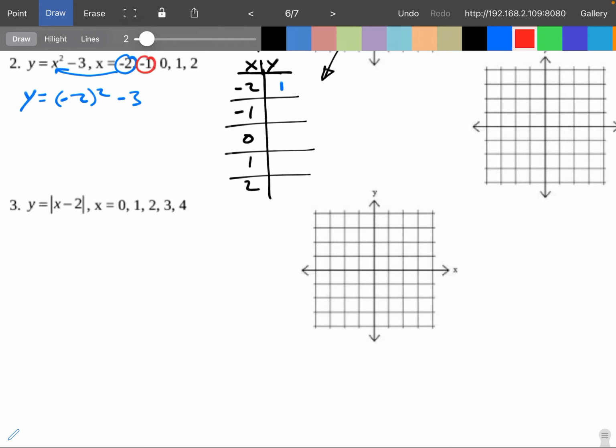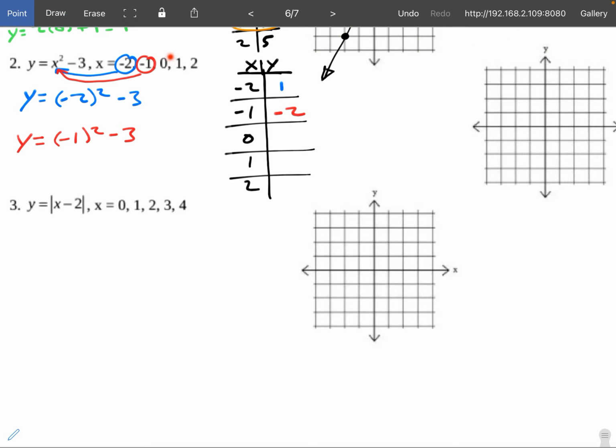That's 1. All right, let's do at least one more like this. So then we're going to put -1 in for x. That's going to look like y equals -1 squared minus 3. What's -1 squared? That's -1 times -1. That's 1. 1 minus 3? So that's -2.